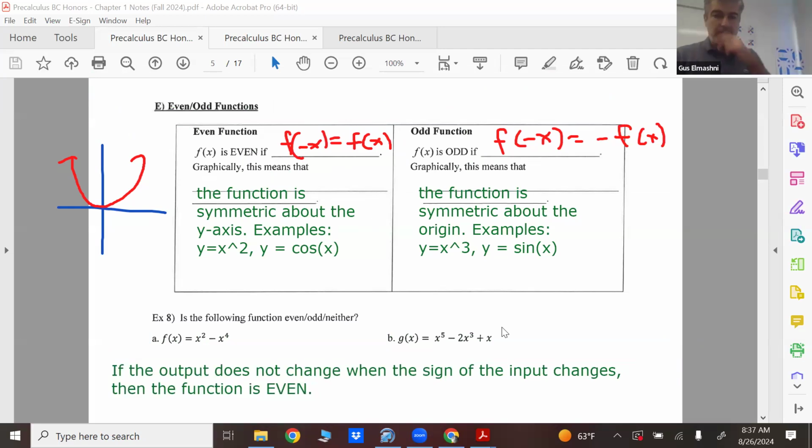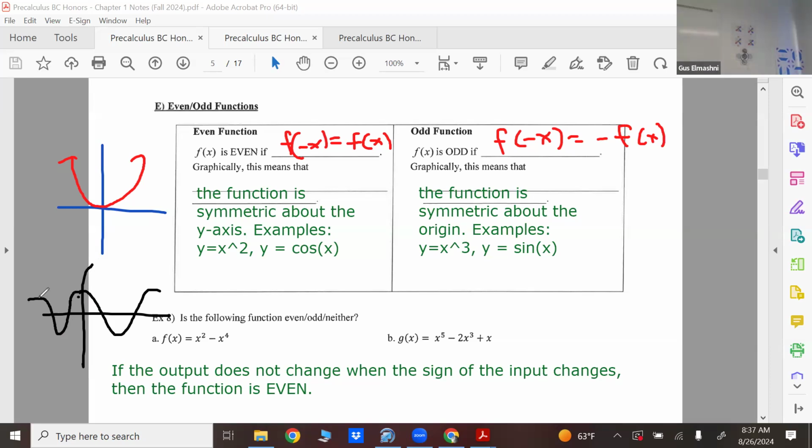Now for odd functions, another thing really quickly I want to say too. Cosine x. You guys should know cosine x looks like this, right? That's also symmetric about the y-axis. Also think about it too, like identities, right?